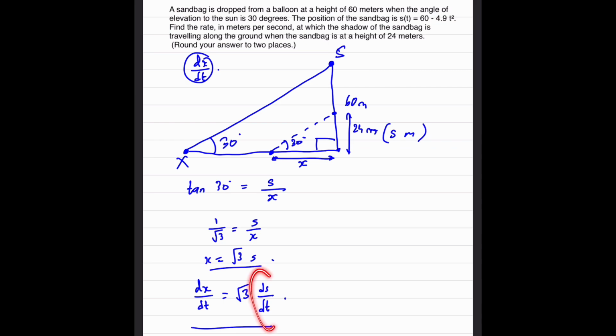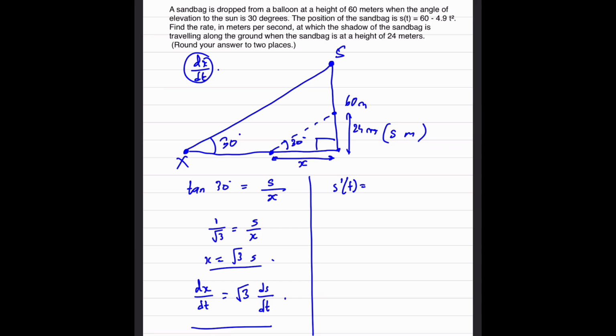Now we need to find what ds by dt is at a height of 24 meters. And this is the rate of change of this height. That's what ds by dt is. There's one thing that we can do to solve for ds by dt. We are given the equation of s of t. So if we take the derivative of s of t, we'll get ds by dt, right? So we can take s dash of t, which is the same thing as ds by dt.